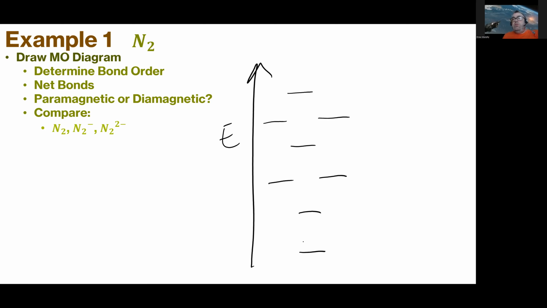We're going to label all of our orbitals. Down here, one line means sigma, so go put all your sigmas in there. Two lines means we have pi. So that's a pi, that's a pi. The bottom ones are 2s. Everything else is 2p.